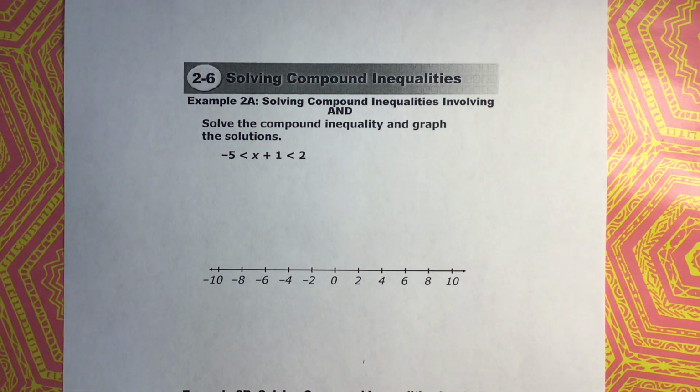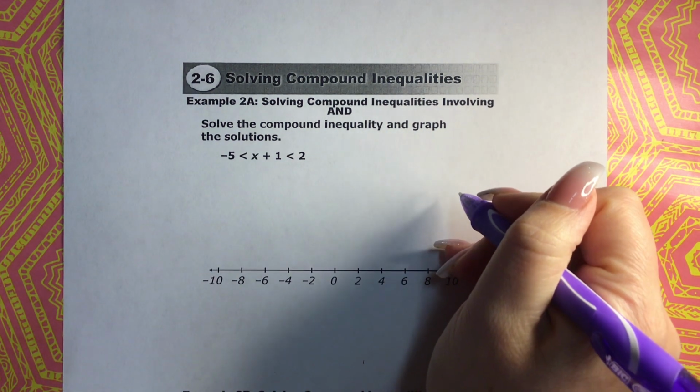I remember the first time I did these, and whenever I saw these compound inequalities, I was like, oh my gosh, what's going on? This is so scary. But what you need to know is it's really just two inequalities put together as one thing. Everything that you do when you solve inequalities with just one inequality, you just do the same thing.